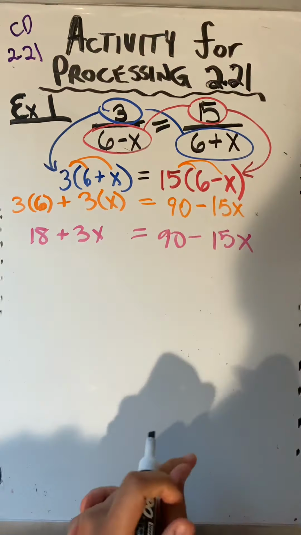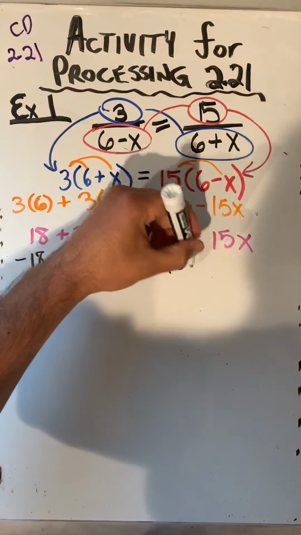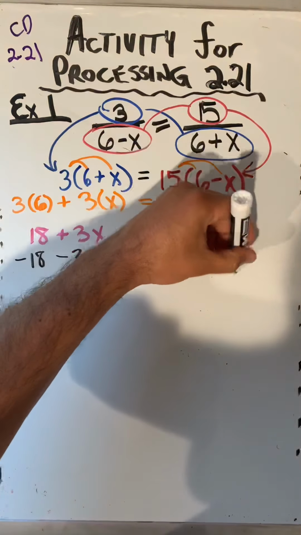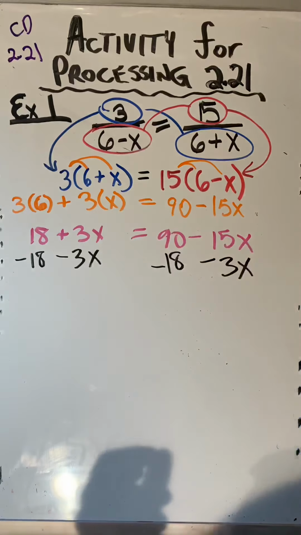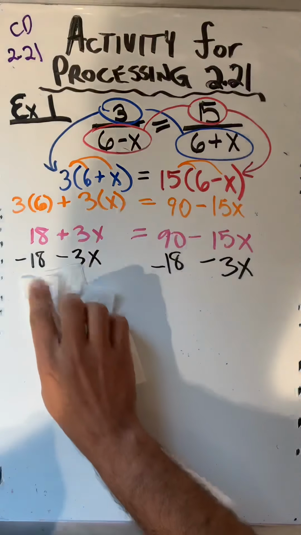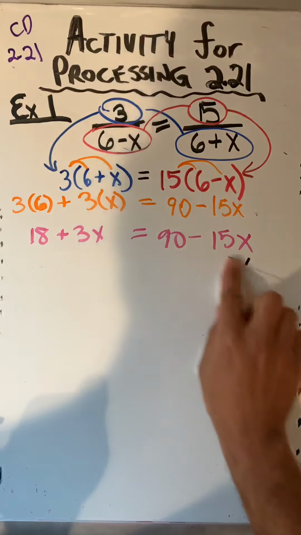Okay. So one thing you could do here, you could subtract 18 and 3x from both sides. Sorry, there should be no x there. Okay, you could do that. So you're noticing that I'm doing two things at once with that particular step there.